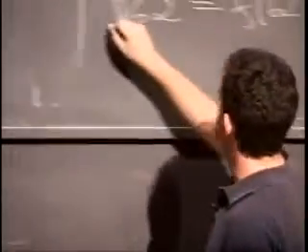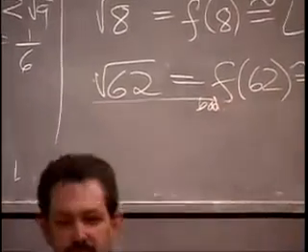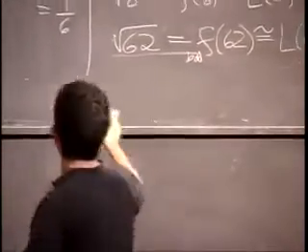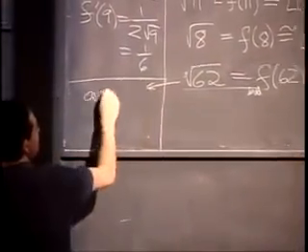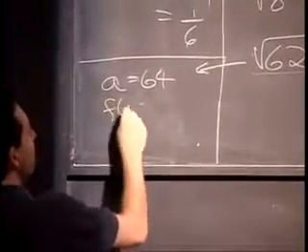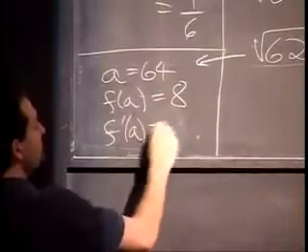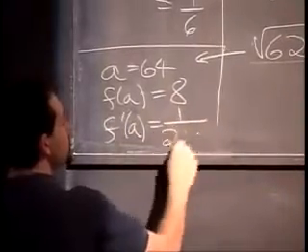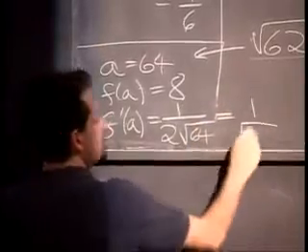So how would you do root 62? This is bad. How would you do it? Yeah, you repeat the problem, but instead take a equals 64 in the first place. And so now if you work it out, f of a is 8, f prime of a is 1 over 2 root 64, which is 1/16.